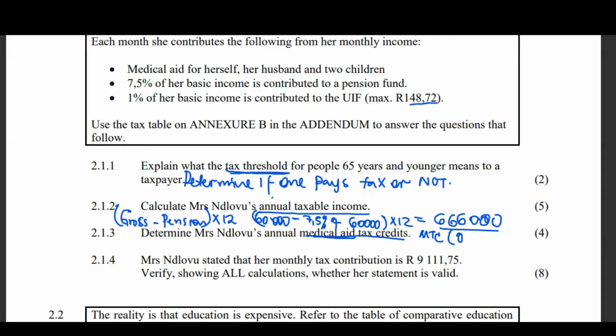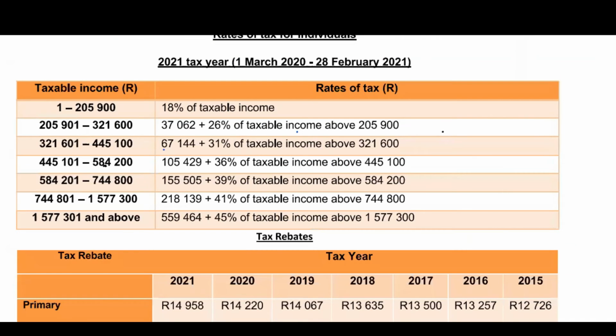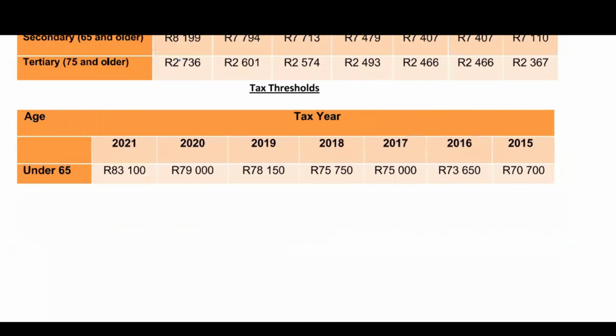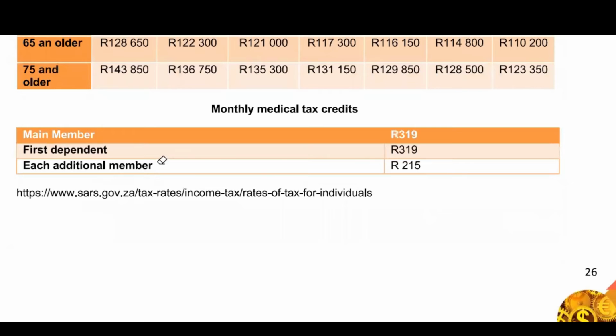We saw she pays medical aid for herself, that's one, for the husband, two, and two children. So the family has 4 people on medical aid. So we shall go and check on the table where medical aid is. Medical tax credits are like this.